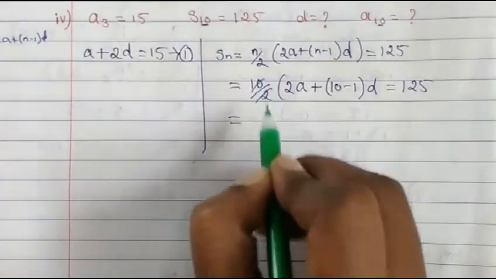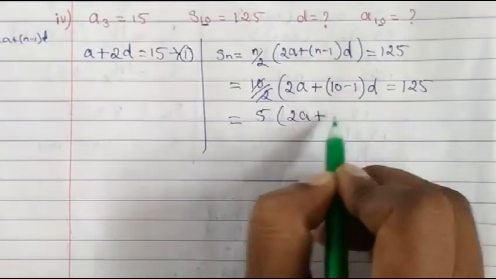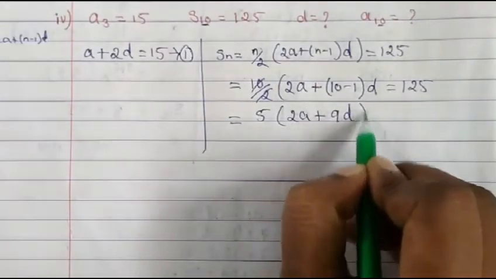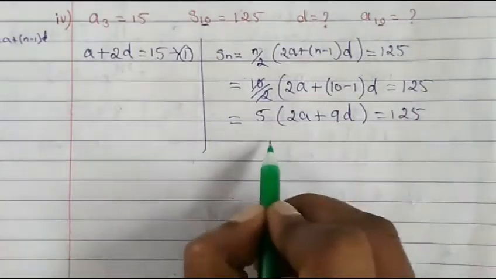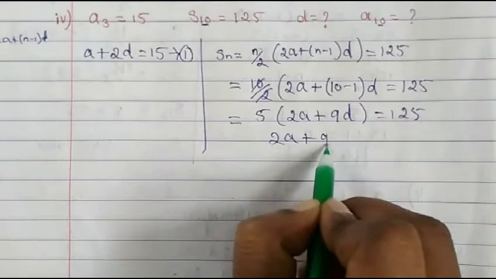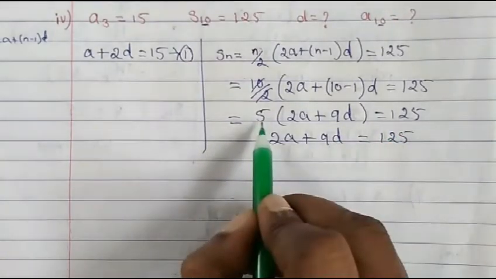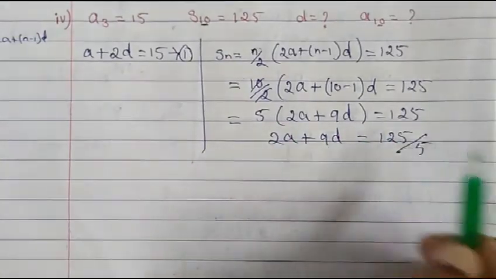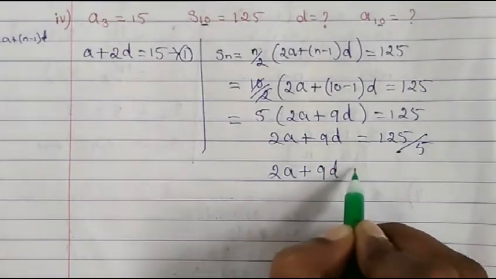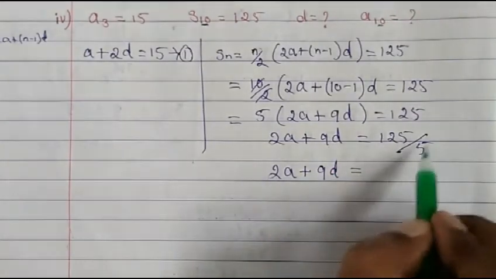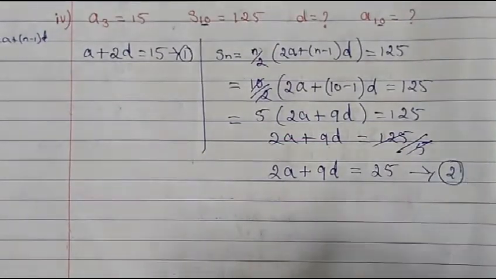So if you cancel, we'll get 5 here, then 2a plus 10 minus 1 will give us 9d, equal to 125. So let's bring this 5 to the other side. So we'll get 2a plus 9d equal to 125 divided by 5. This is in multiplication; when it comes here, it will become division. So that will give us 2a plus 9d equal to, if you cancel, 25. So this is equation 2.